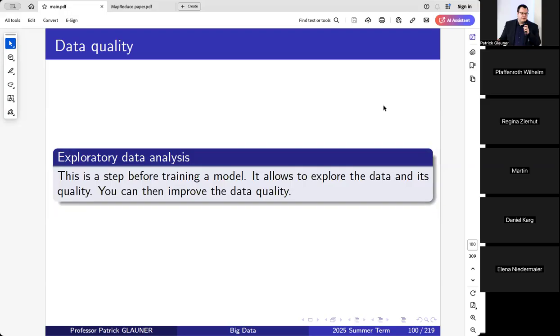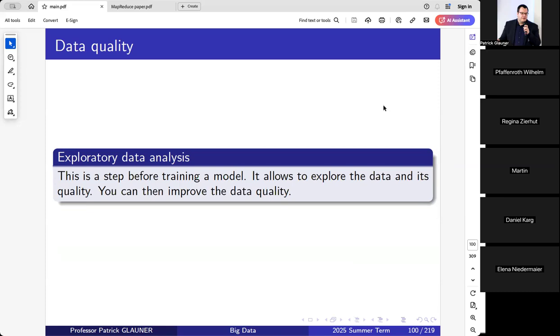What you need to do first is various preliminary steps, and one is what I like to call the exploratory data analysis, a step before training. You would look into your data, explore the data and the quality, try to visualize some of the data, find outliers, and see if this actually makes sense. And if it makes sense, okay. If it doesn't make sense, improve the data quality.